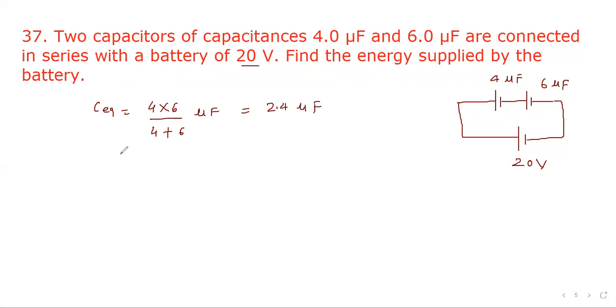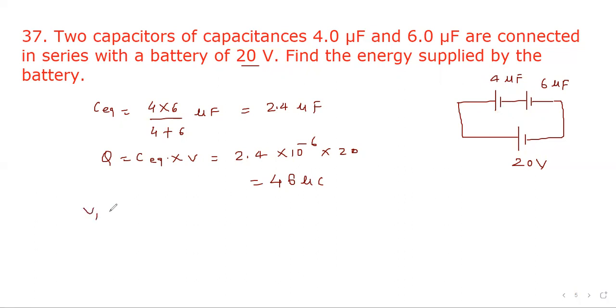That will be equal to 2.4 microfarad. If we calculate the charge, Q equals C equivalent into V, so this will come out to be 2.4 into 10 to the power minus 6 into 20. That is 48 microcoulomb. Now, our purpose is to first get the voltage, then the energy stored.